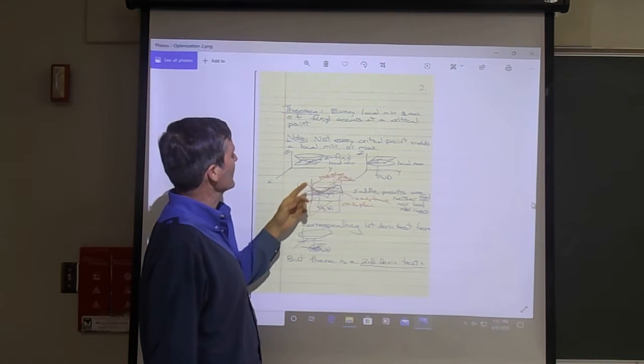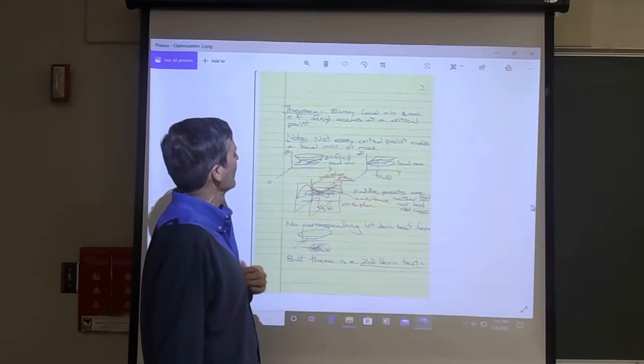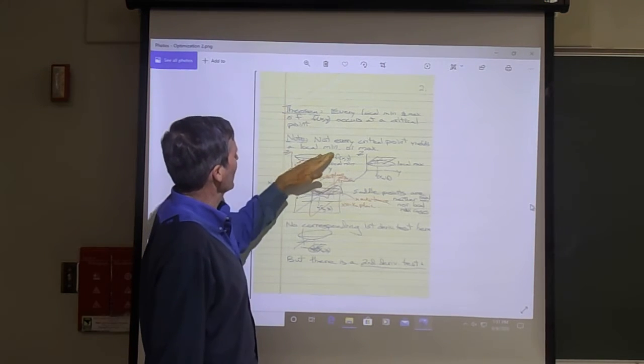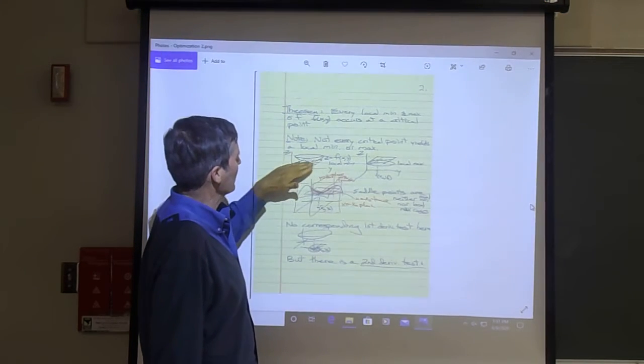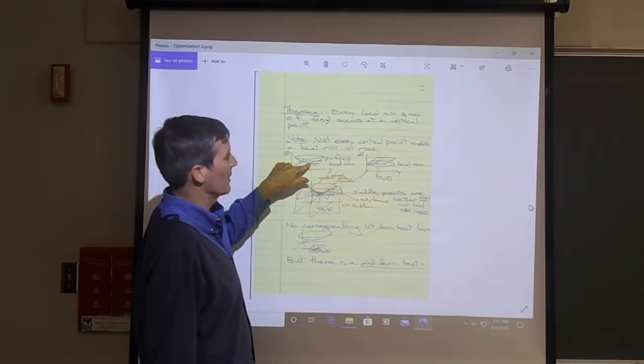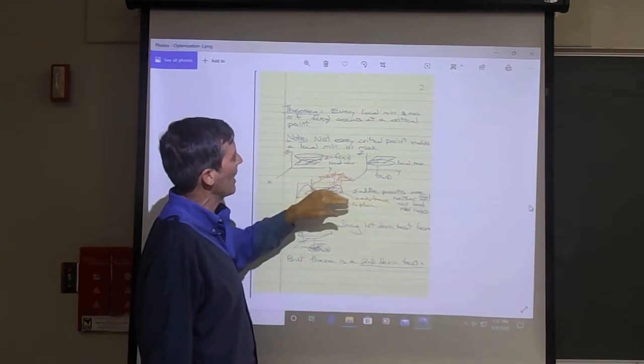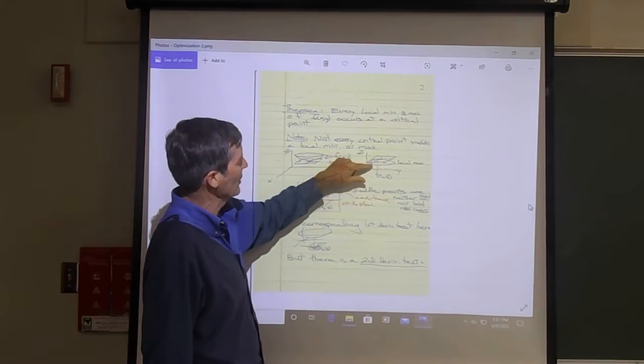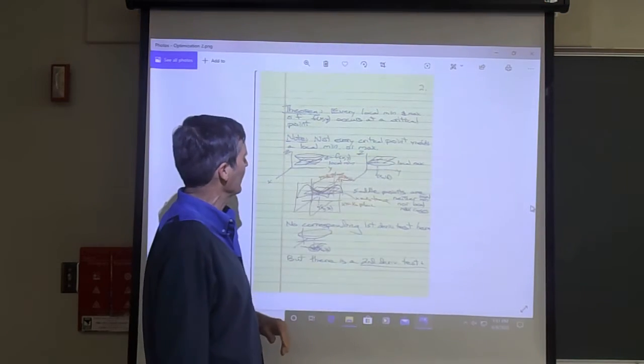Similarly here, with a function of two variables, not every critical point gives a local extremum. Here's a bowl-shaped surface, and if you take the tangent plane, there's a local minimum where it just touches this tangent plane at the bottom. Here's a bowl-shaped down surface, has a local maximum at the top where the tangent plane just touches it.